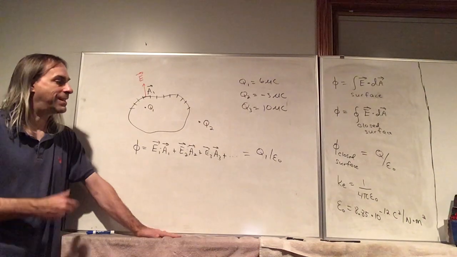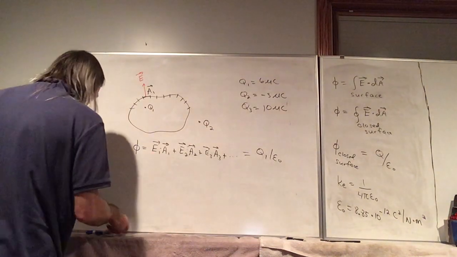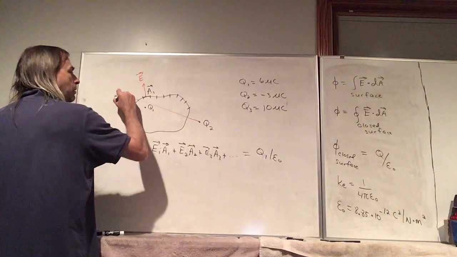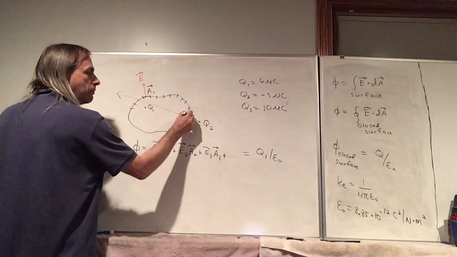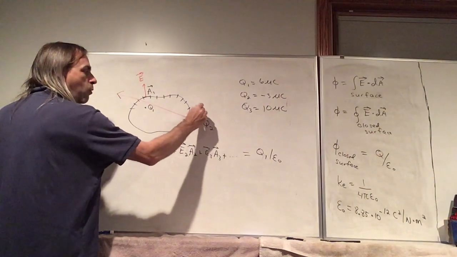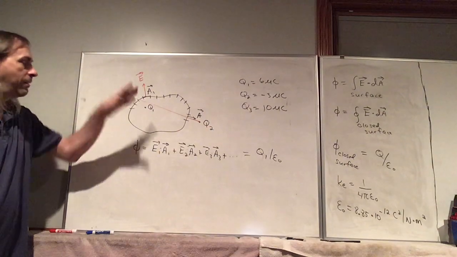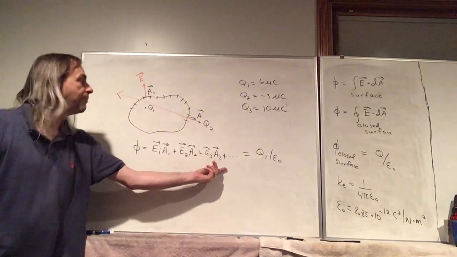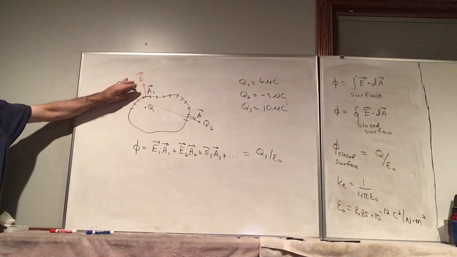And the reason why is it's going to make some of these terms bigger and some smaller. Like if we just look at one electric field line crossing our surface here, it's going to make this piece smaller because our area element is outwards and the electric field is inwards. And so when we get around to whatever piece this is, that term's going to be smaller. But then when we get around to this piece over here, that piece is going to be bigger.